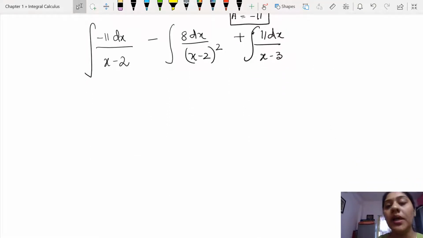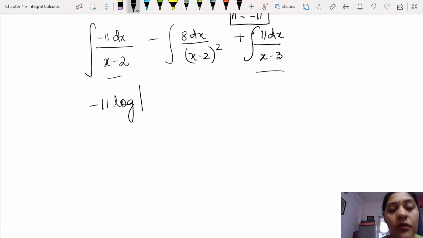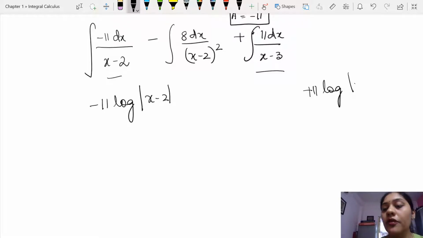Now this is what we have. Now what happens after this? This and this we integrated in the previous question also. So this is minus 11 log of mod of x minus 2. Here it is plus 11 log of mod of x minus 3.